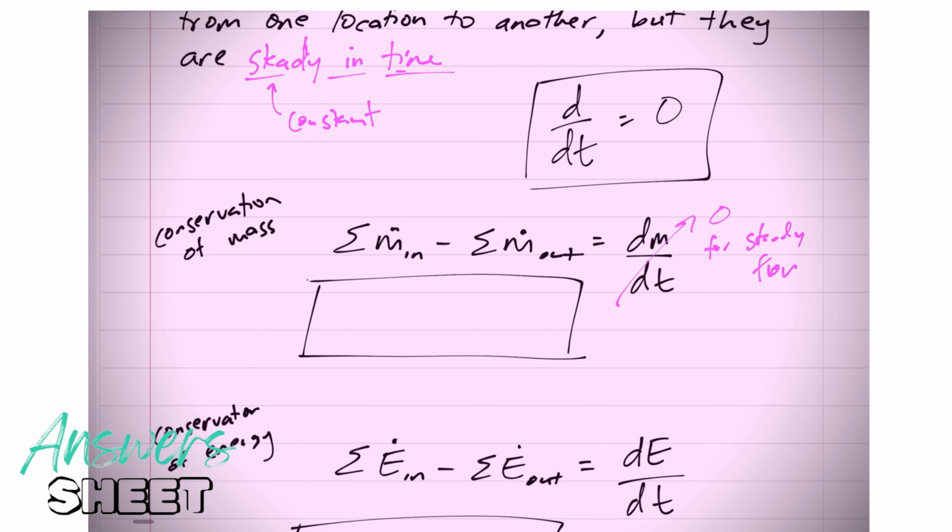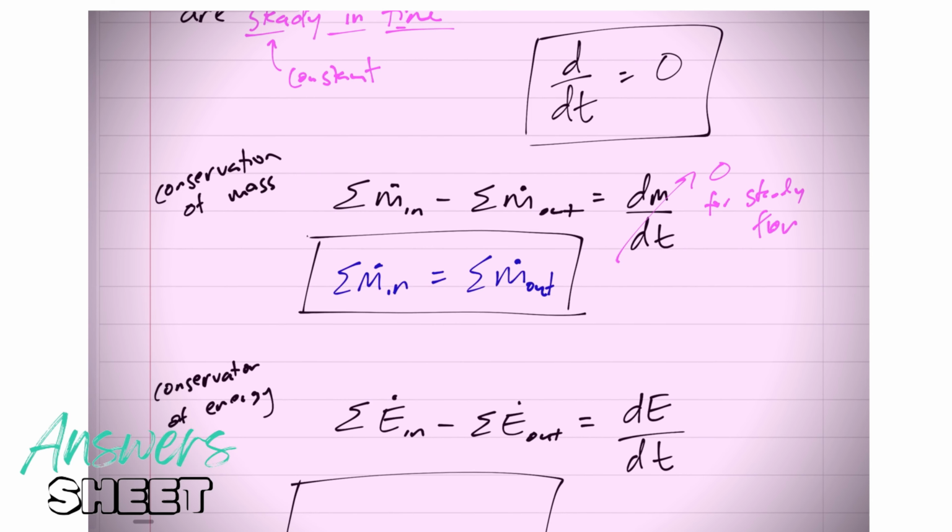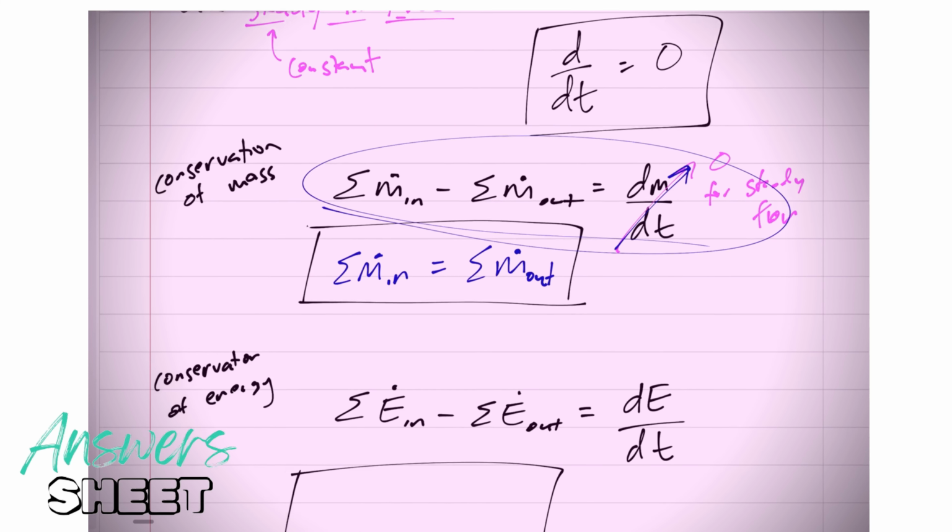Do you mind if I take that m out to the other side of the equation? So now the sum of all the m in equals the sum of all the m out for steady flow devices. If you write that equation on your formula sheet or note card, make a note that it's for steady flow devices, or you can start here, know it's steady flow, and then you've got that equation.